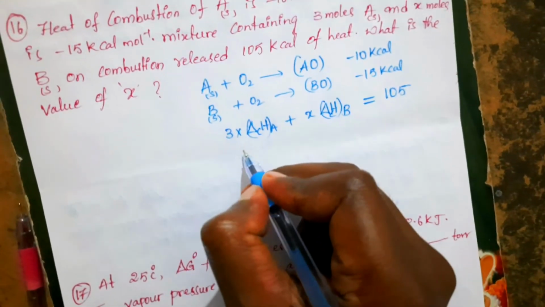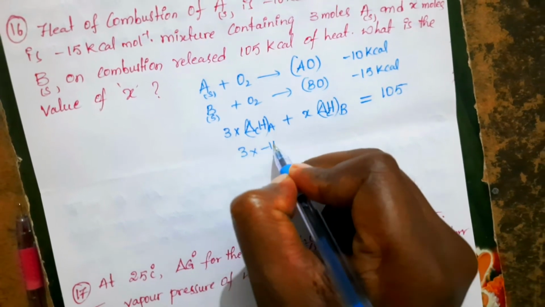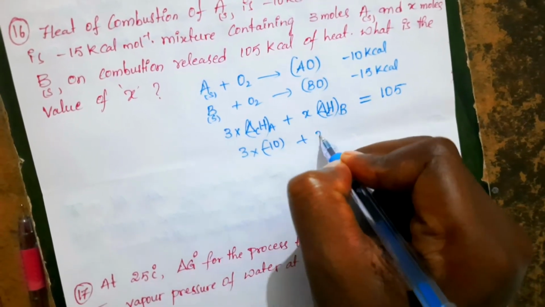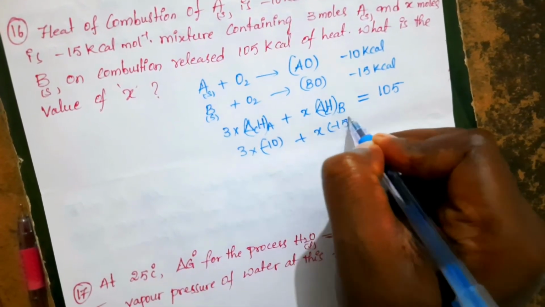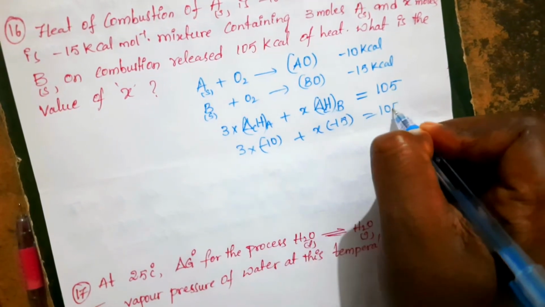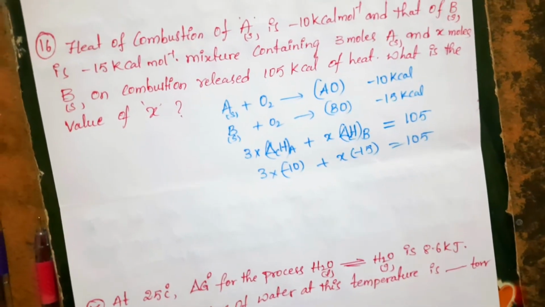Just multiply: 3 into minus 10 plus X into minus 15 is equal to how much? 105 kilocalories will be released.